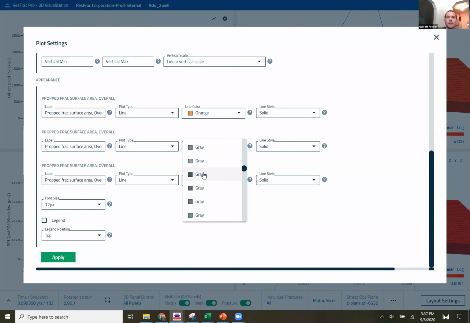And we can give these some different names. So again, the three cases I had were my base case, and then tight cluster spacing, and tight well spacing.